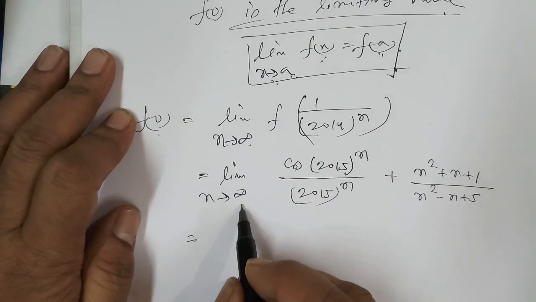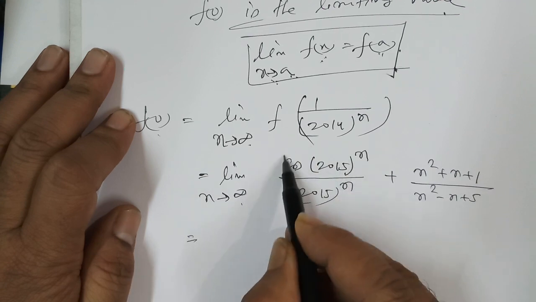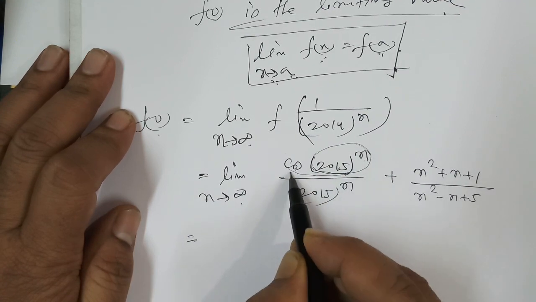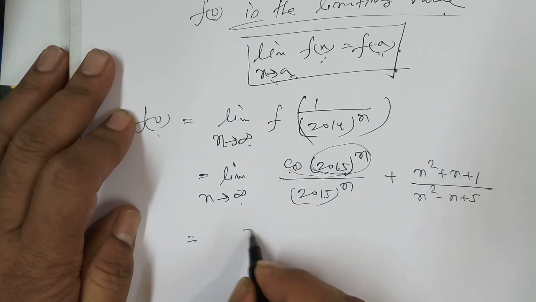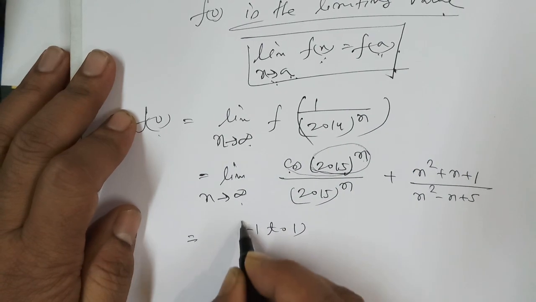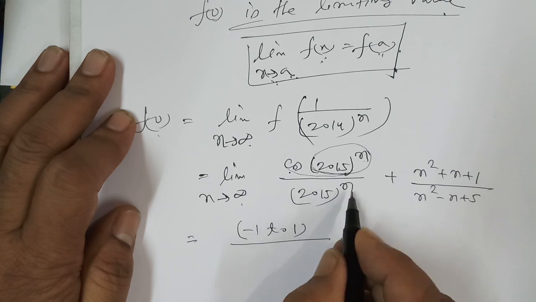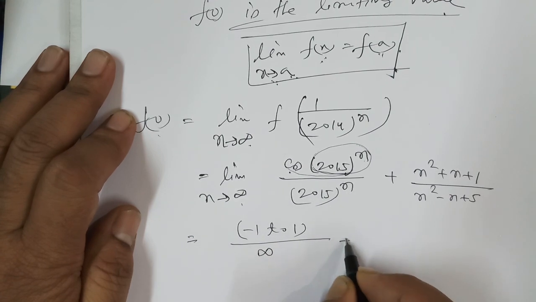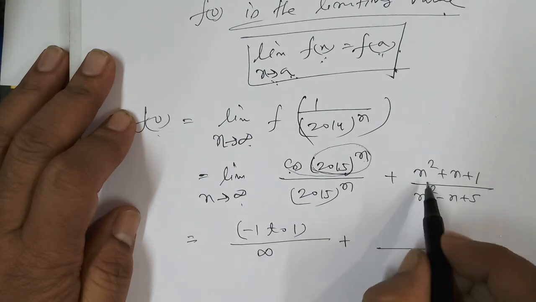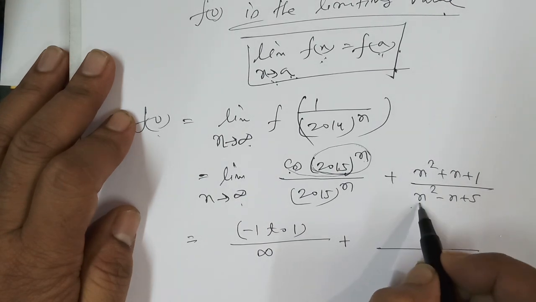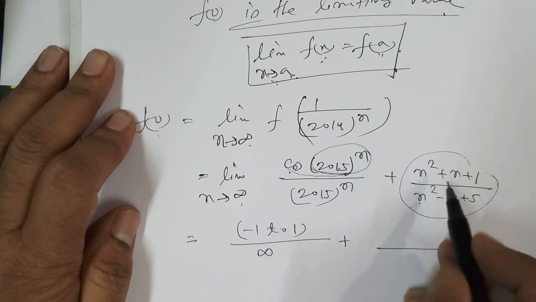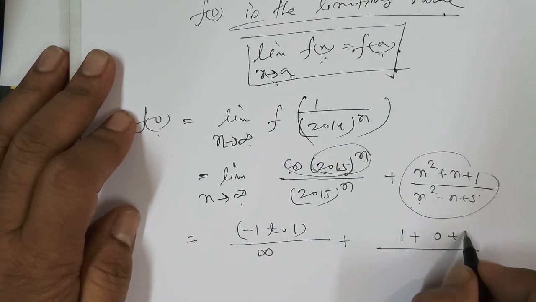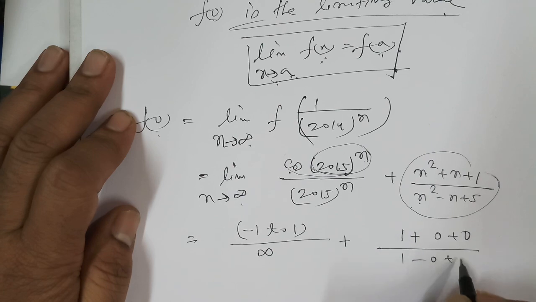Now when n tends to infinity, this is also infinity. So cos of infinity is between minus 1 and 1, upon 2015 whole power infinity, that is infinity, plus, the maximum power of n square is 1 and n square is 1. So this limit is also 1 plus 0 plus 0 upon 1 minus 0 plus 0.